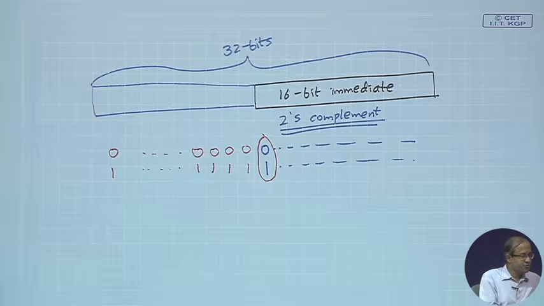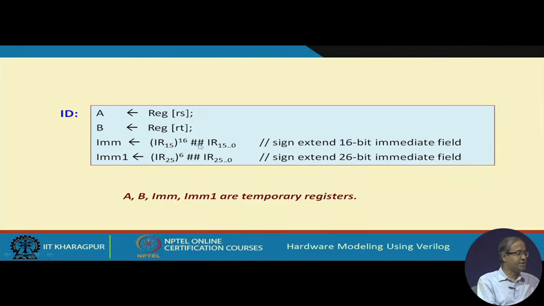Now, we are representing this notationally like this. You see IR, the last 16 bits I am writing as 0 to 15 like this, and this 15th bit, IR 15, is the sign bit. This we are replicating 16 times, the power 16 is just a notation for 16 times replication, and this double hash means concatenation.